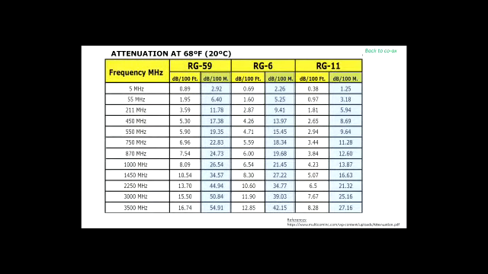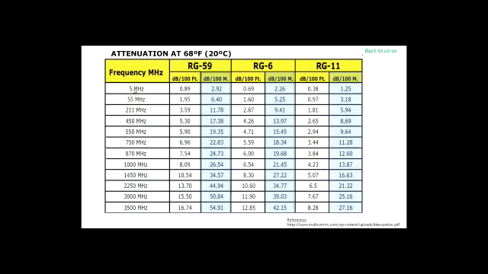So let's say here, 5 megahertz, the attenuation per 100 feet, RG59 will attenuate 0.89 of a decibel. Remember, 3 decibels is half the power. So, per 100 feet. Or you also have per 100 meters. Okay, 100 meters is much longer than 100 feet. So if you go 100 meters, the lower frequencies are going to be cut in half as far as power or energy maintained within that signal.